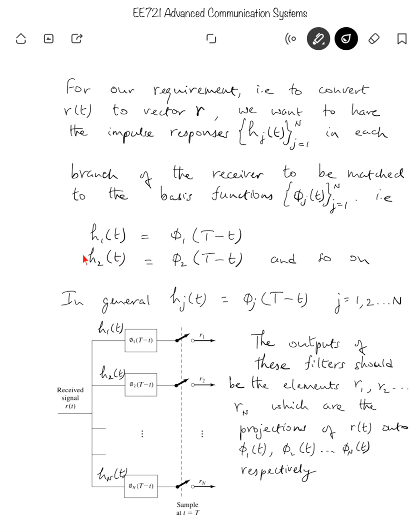Similarly, the second branch filter is matched to the second basis function, and so on. In general, for each of these n branches, we have the corresponding impulse response matched to a corresponding basis function.